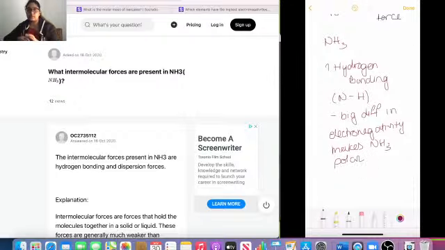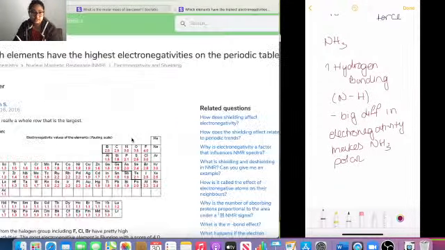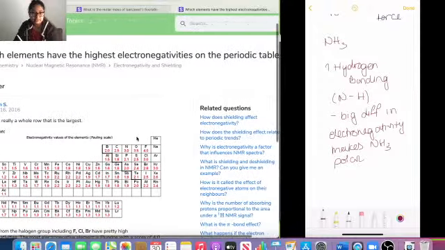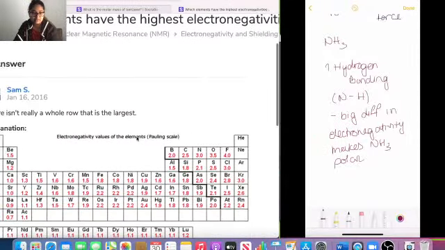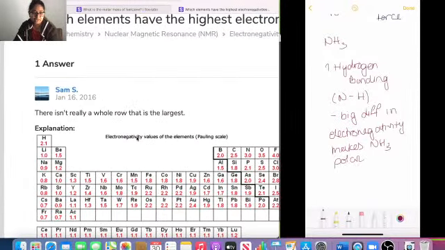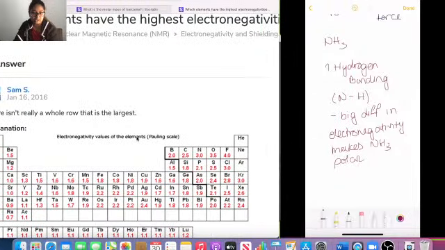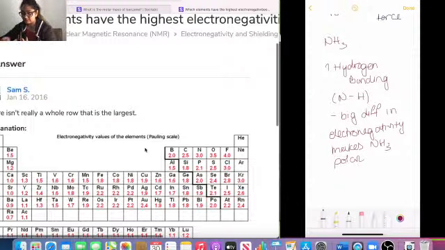Okay, so we have an electronegativity chart over here, and you can see that hydrogen is 2.1 and nitrogen in this case is 3, so that's a big difference. And so this is why the bond is polar.